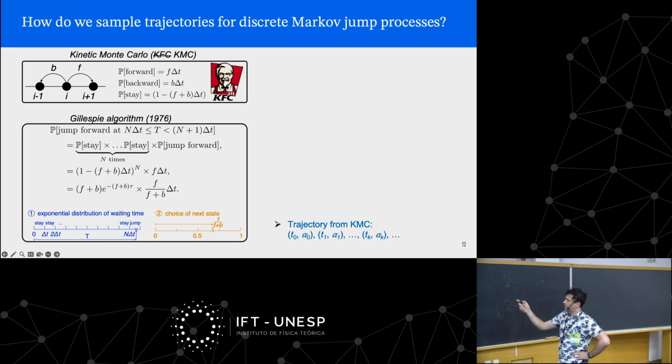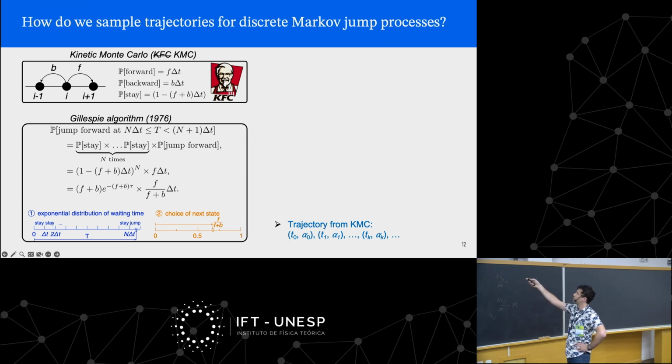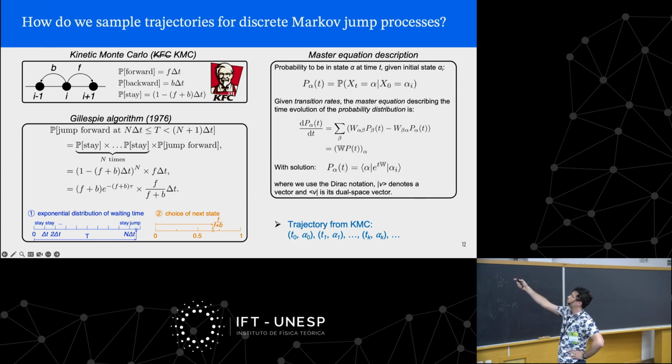There are more efficient methods, like the Gillespie algorithm I mentioned, which are event-driven, so you sample directly the sequence of times where transitions to a different state occur. Much more efficient, so this is what I'm using in the rest of my talk. All of this is very well known, and it's connected to the master equation I was describing in the beginning. It's an exact way to simulate these equations.